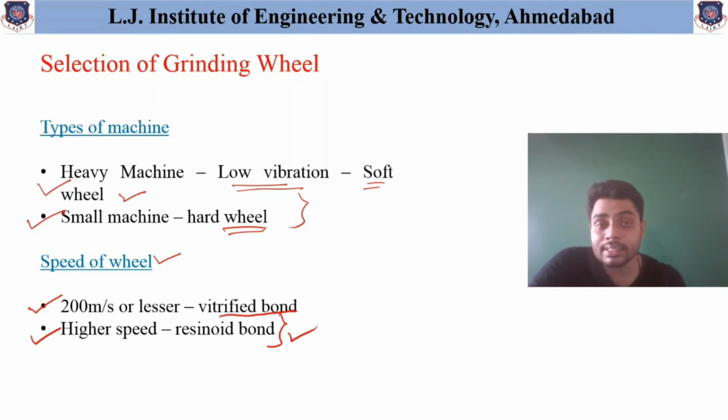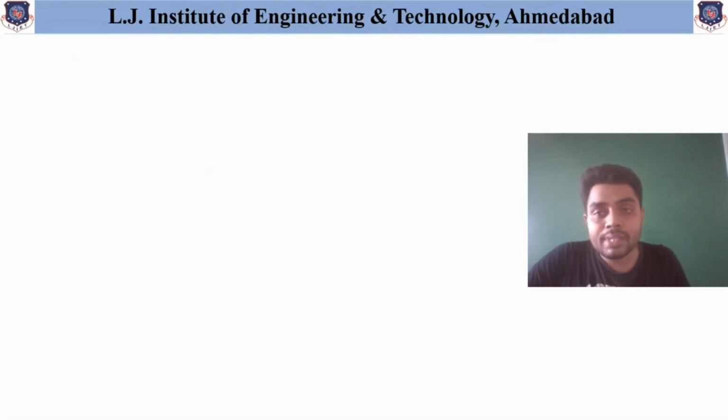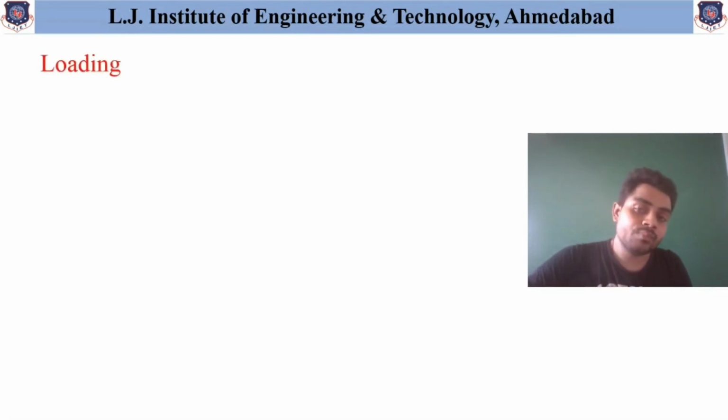Now let us understand some of the important parameters that are used in the case of the grinding wheel. So the first parameter, that is the loading. So what is the meaning of the loading?